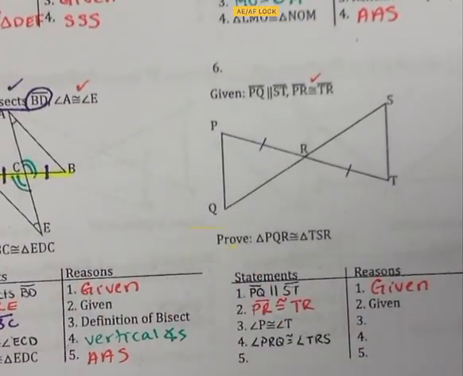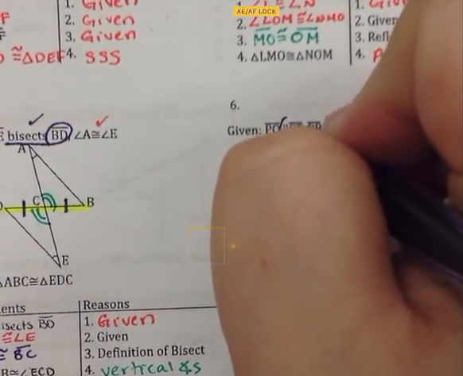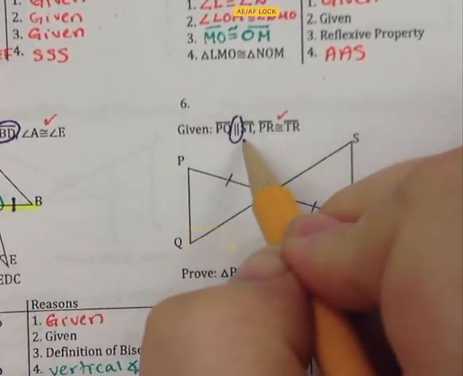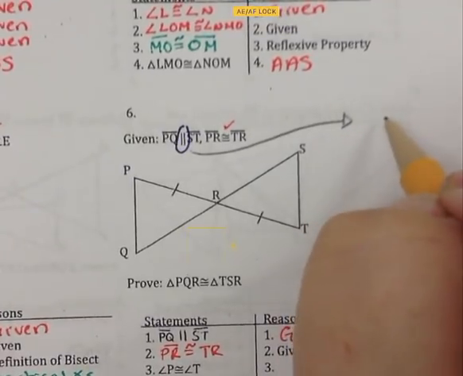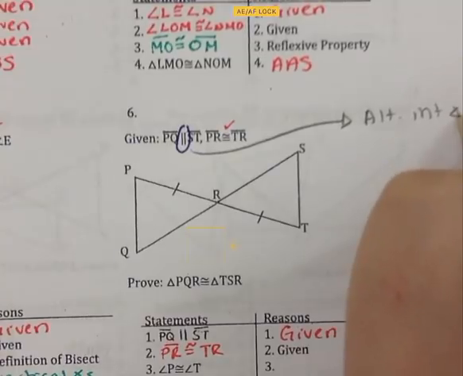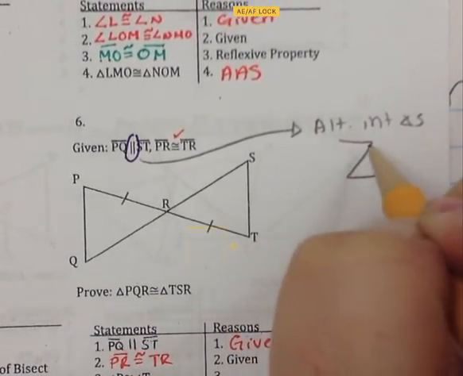and find words. Now it says parallel. Parallel means that we're going to look for two types of angles. I'm going to draw a little arrow over here and say we're looking for alternate interior angles. They are formed when we have a Z, and it's the corners.